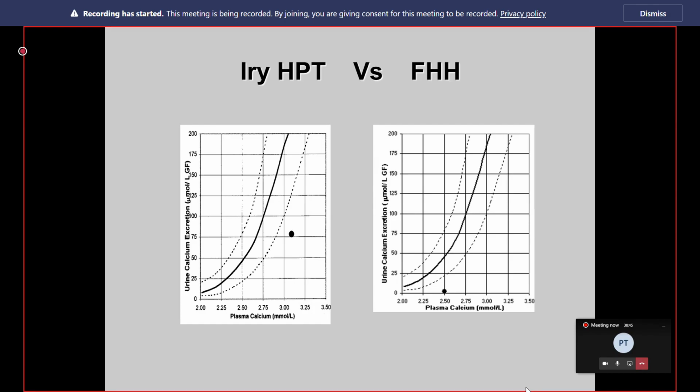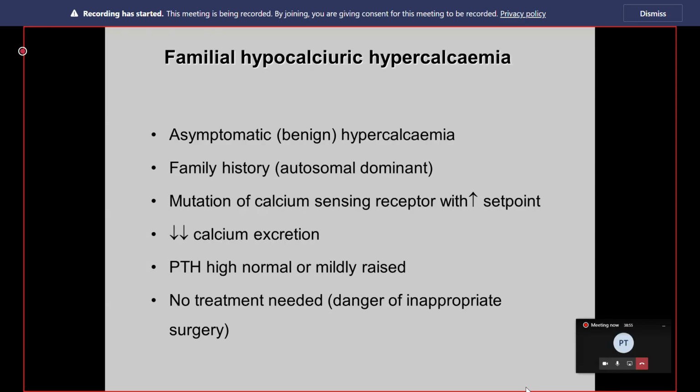FHH is usually associated with a mild hypercalcemia, with the PTH either slightly raised or in the upper half of the normal range. So to recap, FHH is an asymptomatic benign condition, familial, due to a mutation of the calcium sensing receptor with an increased set point, which causes a reduction in calcium excretion. No treatment is needed, so the main danger is unnecessary treatment due to misdiagnosis as primary hyperparathyroidism.